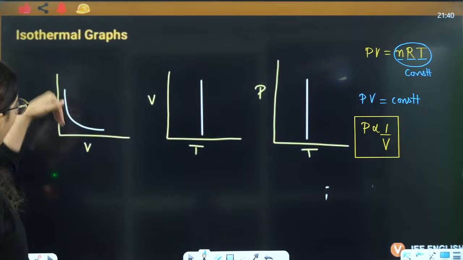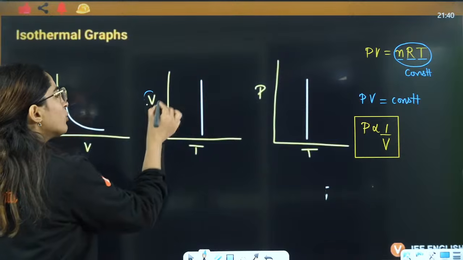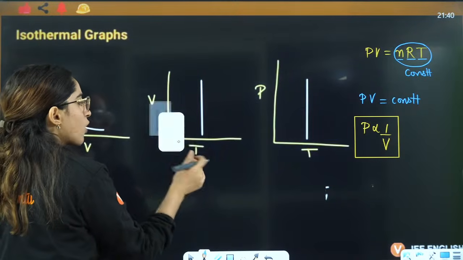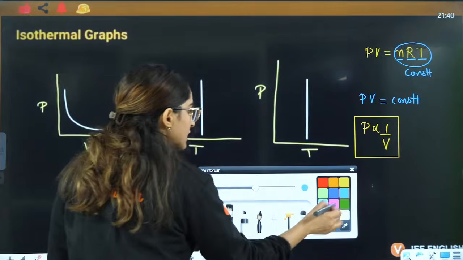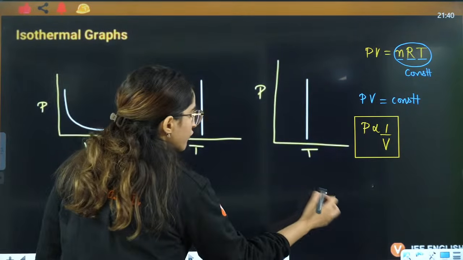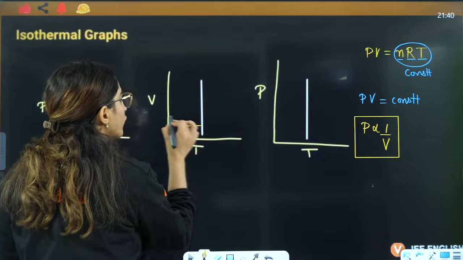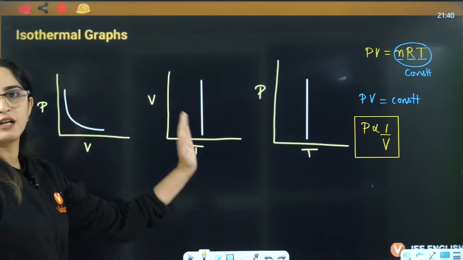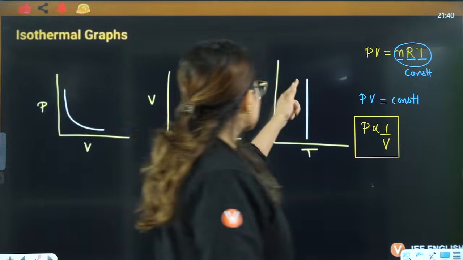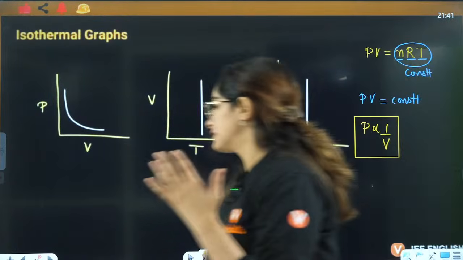If I talk about volume and temperature, because temperature is constant, for one particular temperature you will have so many volumes here, right? That is a straight line parallel to volume. This is a straight line parallel to pressure because temperature is constant here, right?